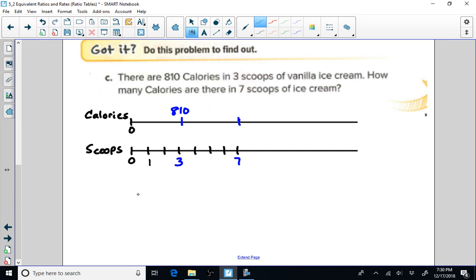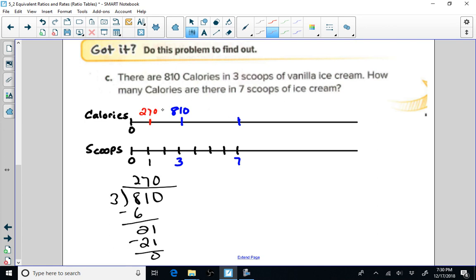So I take 810, divide that by 3, and we're going to get the unit rate. 2 times 3 is 6. Subtract, we get 2. Bring down the 1. 7 times 3 is 21. Subtract, we get 0. So that's going to be 270. Let's draw that up here. 270 calories for 1 scoop.